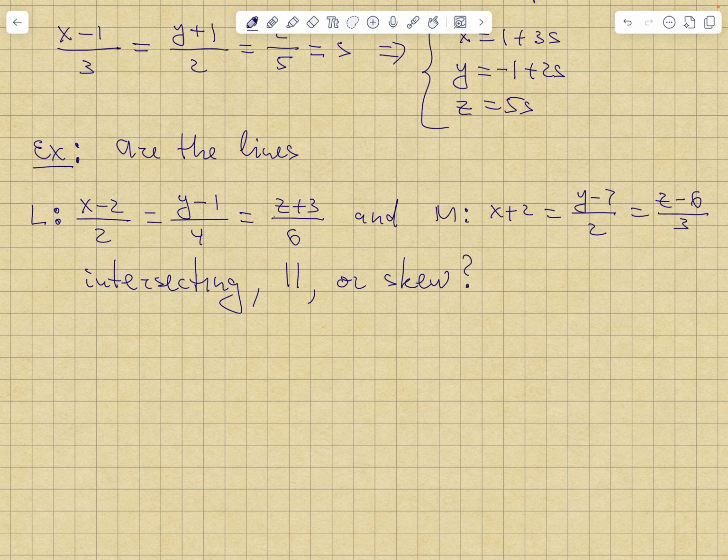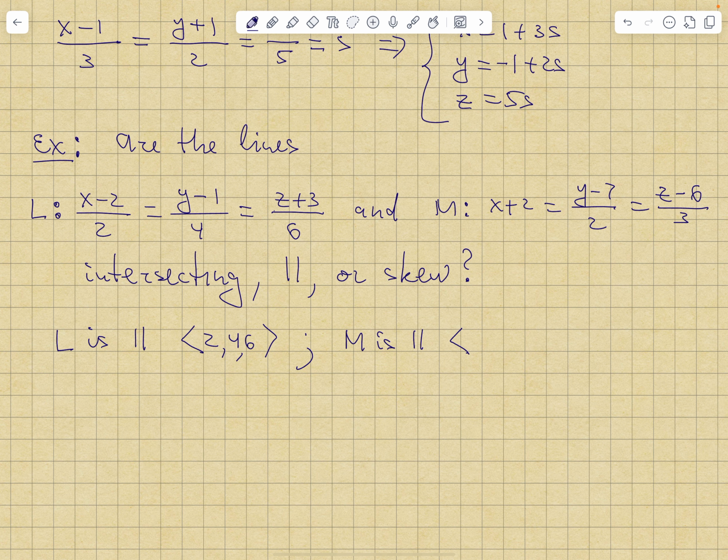L is parallel to the vector with components given by the denominator of the symmetric equation. So this is 2, 4, 6. And M is parallel to the vector with components, for the same reason, 1, 2, 3, right? These are the numbers in the denominators of this expression.